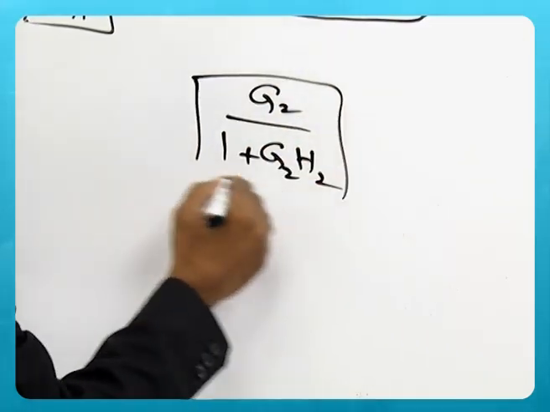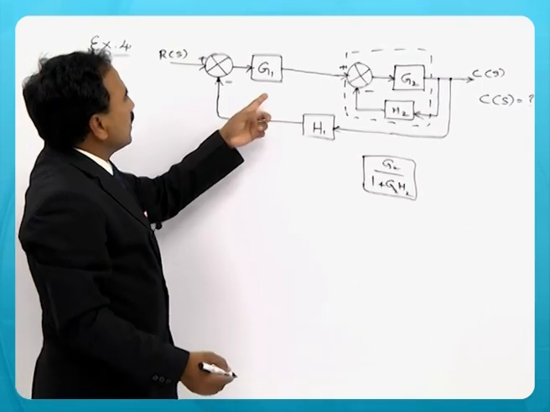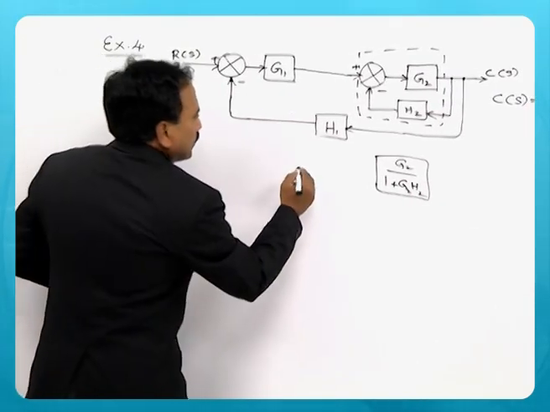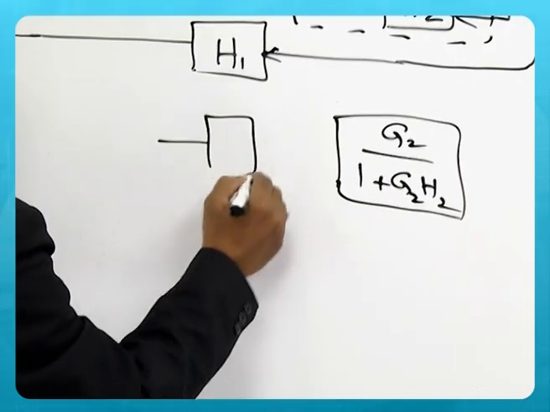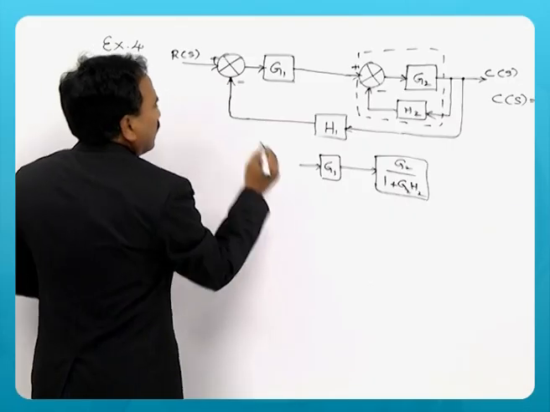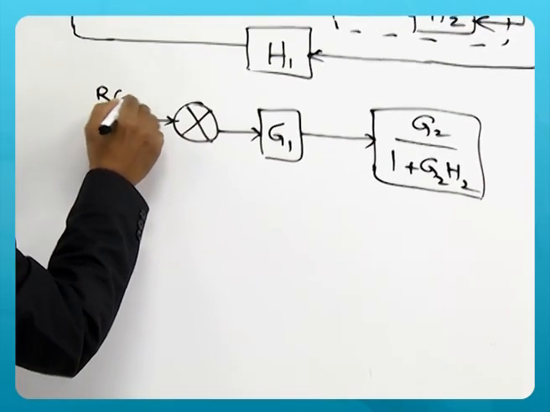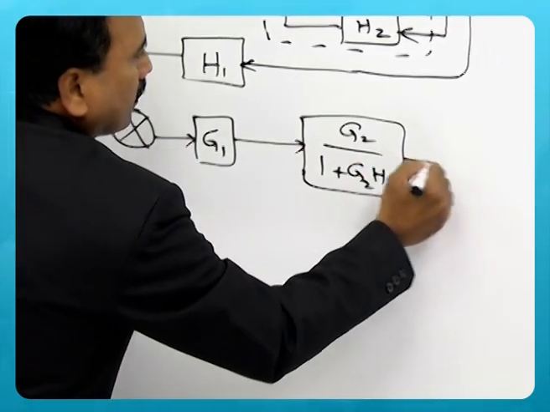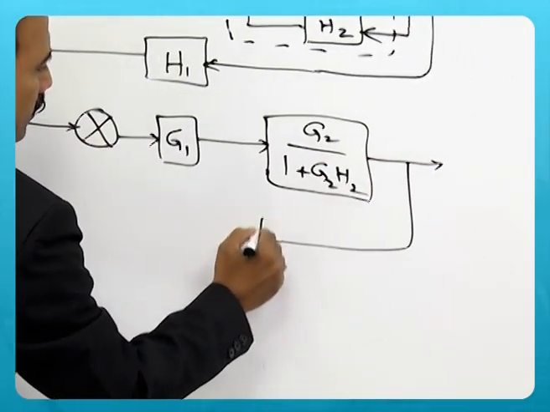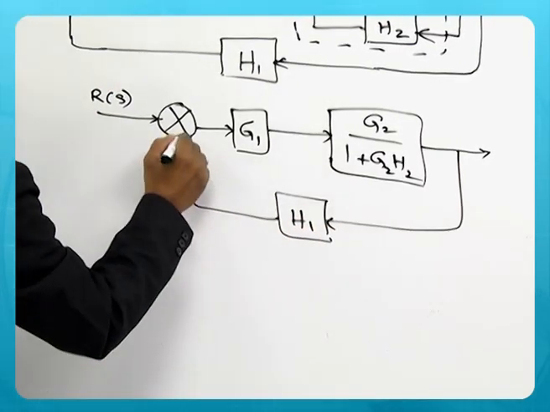It becomes a single block, the elimination of the feedback loop, that is in cascade with G1. And then of course no change in the summing point R of s, and there is a feedback H1 as it is.